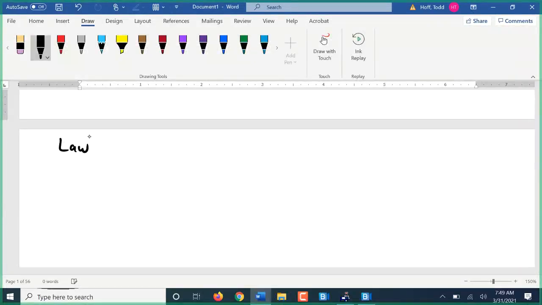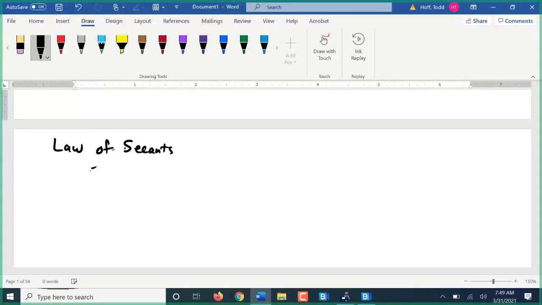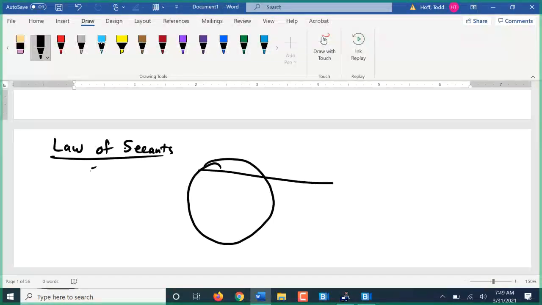Law of secants relates to a circle. You have two secant lines like this. I tell you that this piece is 8 inches long.